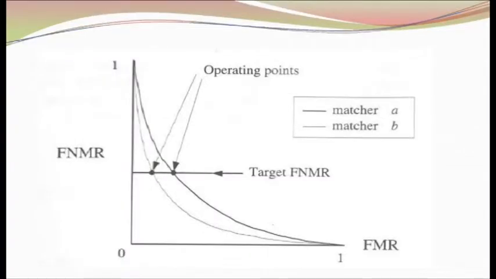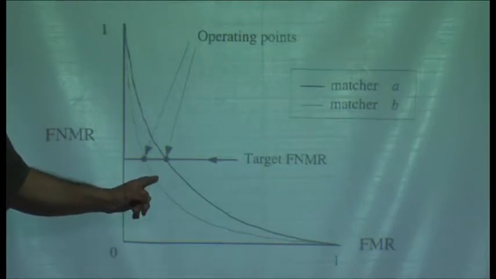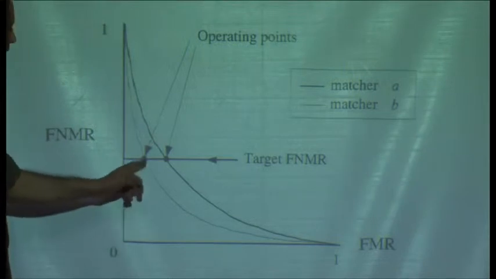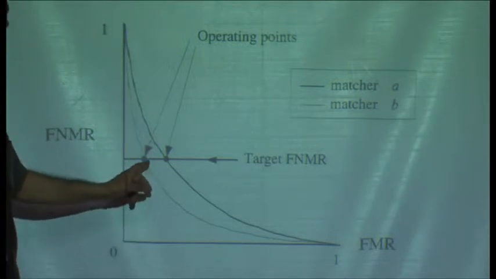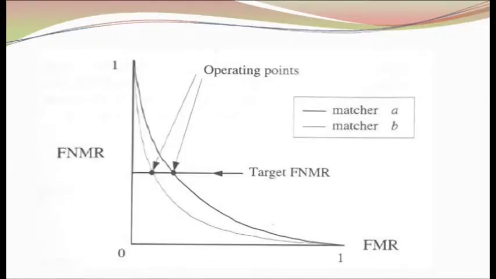If I ask which matcher gives the good results, obviously you will say this one gives the better result, because for any threshold value, this matcher gives lower FMR or FNMR than the other one, right.